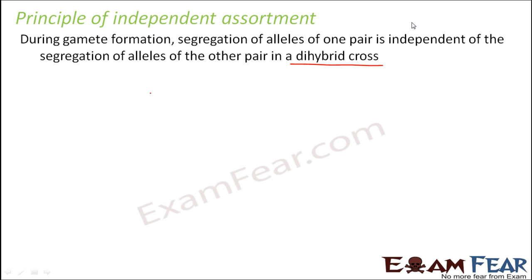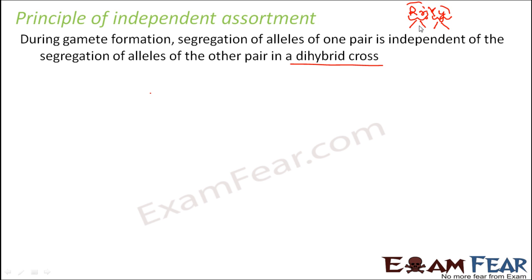So when we talk about a dihybrid cross, we consider two traits. So we generally have something like this. This one pair represents one trait, and this pair represents another trait. So it means that this segregates during gamete formation, and this separates out during gamete formation, but the way this separates out and the way this separates out do not depend on each other, and that is why it is called independent assortment.